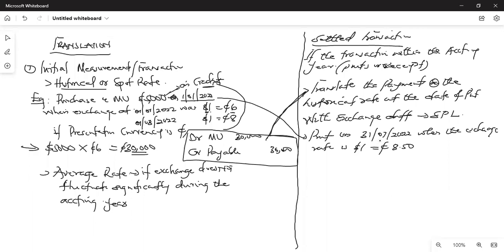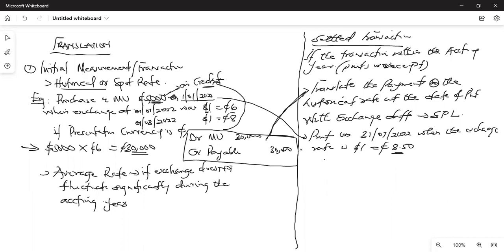Now, if we are going to make the payment, then you realize that this same transaction, we will have to convert the $5,000 that we owe at this exchange rate. So what is going to happen is that if $1 is equal to 8.50, then how much will $5,000 be? It will be more, all right? Now you go through your if more or less divide concept, okay?